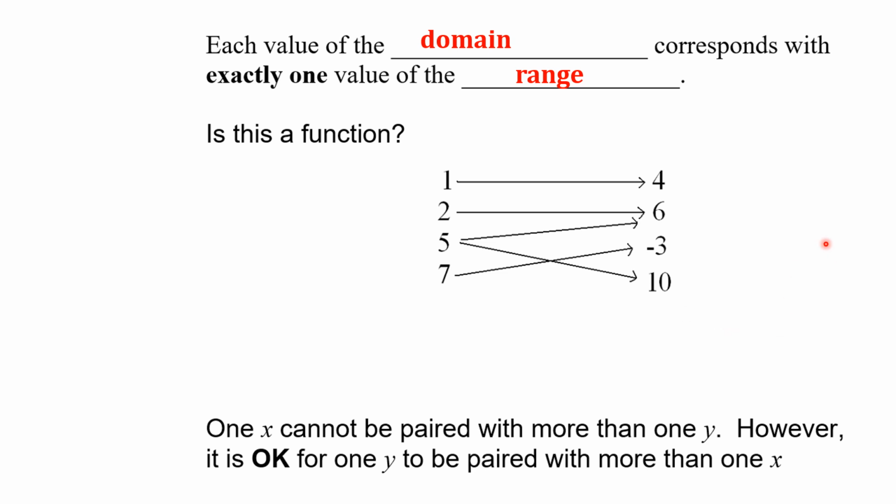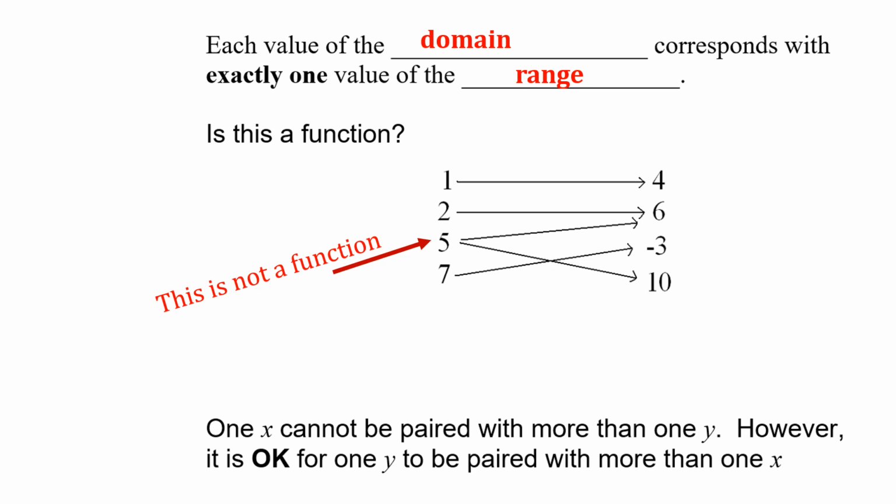Well, when I say 1, you say 4. You know what to do. But what happens when I say 5? What do you say? You could say 6. You could say 10. That's not a function. It's okay for me to have a choice of what I say, but you cannot have a choice of what to respond back with. This is not a function.